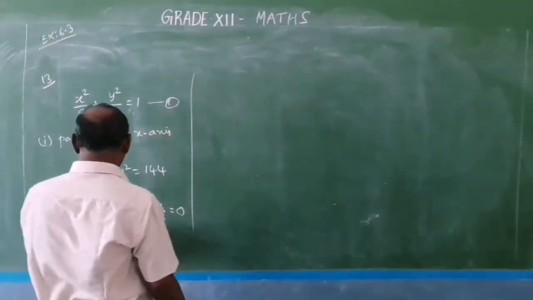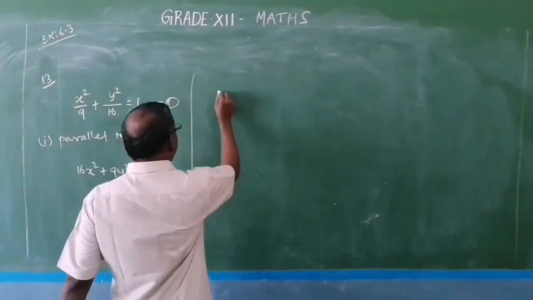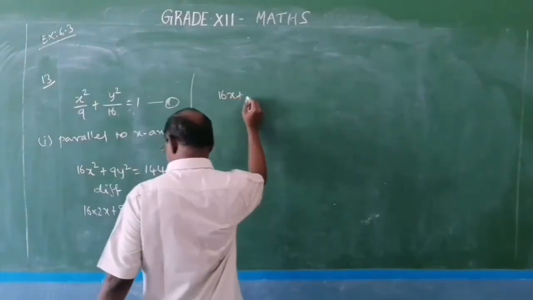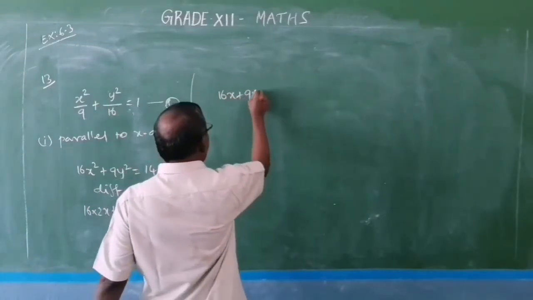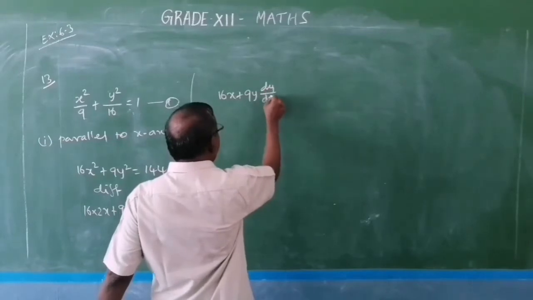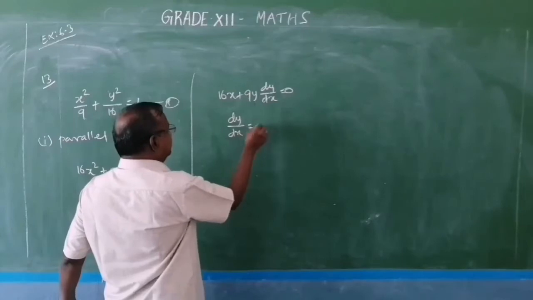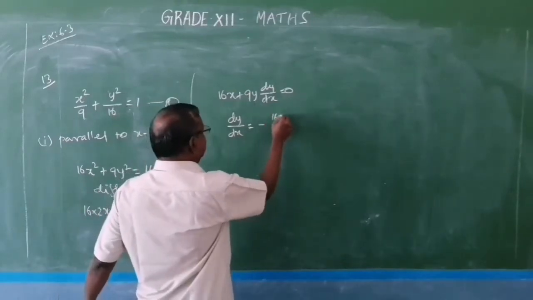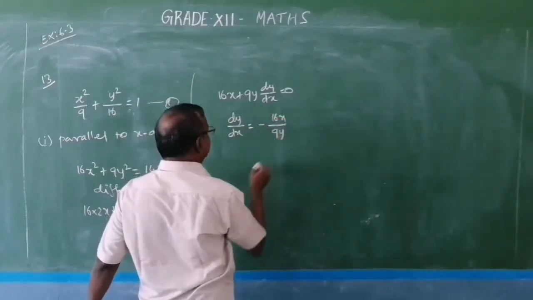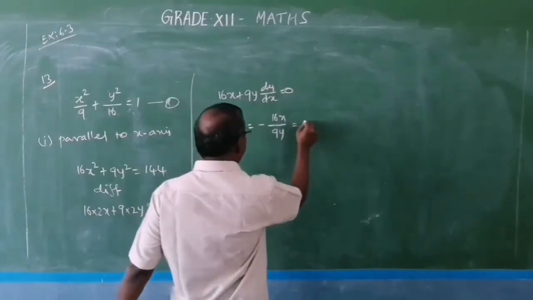Now divide by 2, we have 16x plus 9y into dy by dx equal to 0. Therefore dy by dx equal to minus 16x by 9y. Say this is equal to m.